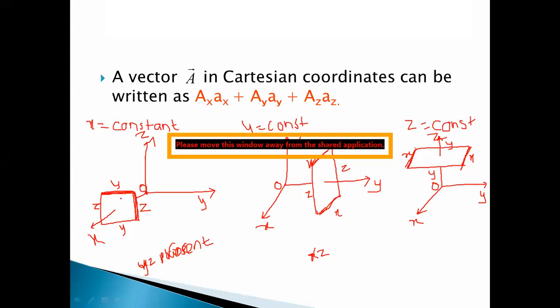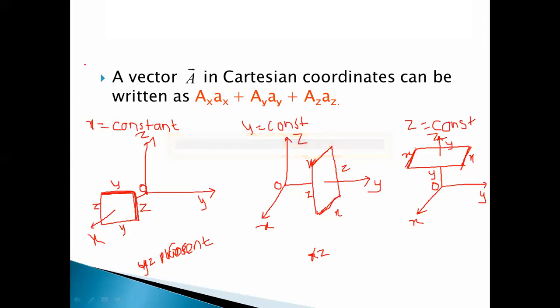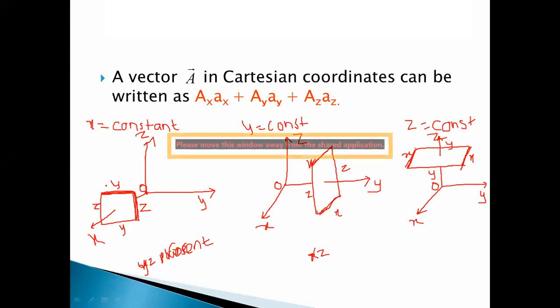So here, if I'm considering the differential, that is the small part or a small section, at that time we are considering dx, dy and dz. So when we are considering the differential lengths or differential areas, you have to simply represent this as dy, dz.